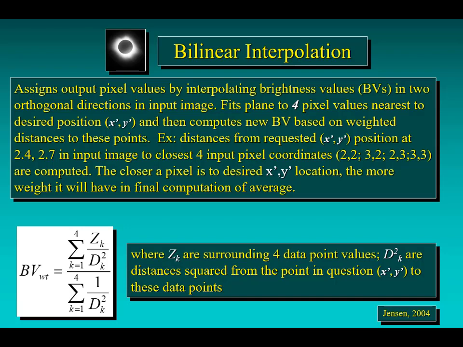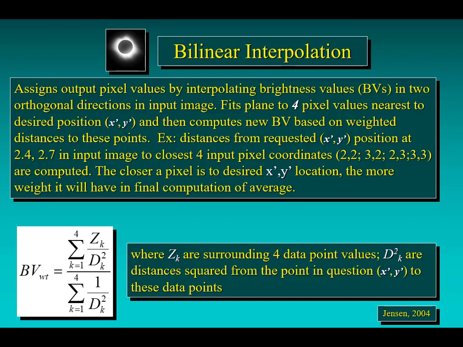So for example, the distances from our requested position at 2.4 and 2.7, that coordinate position in our input image, to the closest four input pixel coordinates that are listed there. We're going to compute that, and the closer a pixel is to the desired XY location, the more weight that it's actually going to have in the final computation of that weighted average.